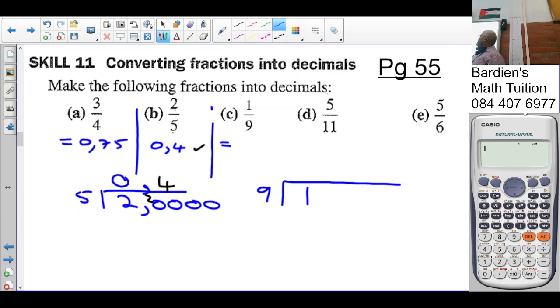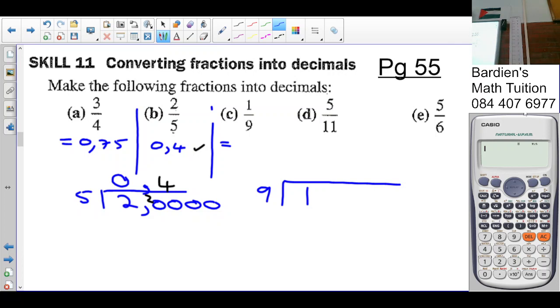Okay, so what's your answer to D? Michael? What's your answer to D? So you agree you don't know what's going on here? Then you must look here.